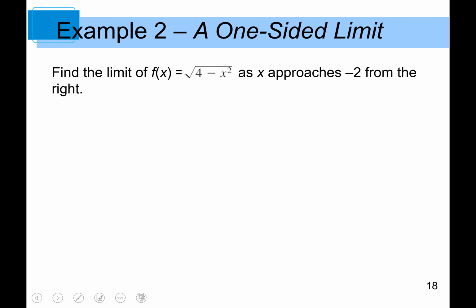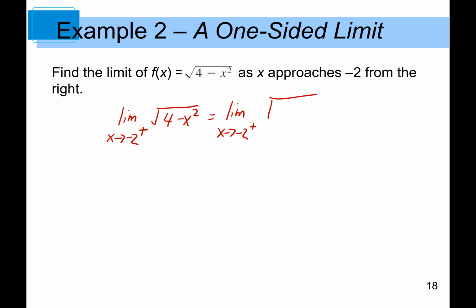So let's learn how to find the limit of f of x when x approaches -2 from the right, plus means right. So here we just do direct substitution, replace x with -2 in the expression, and we get the limit as x approaches -2 from the right hand side.